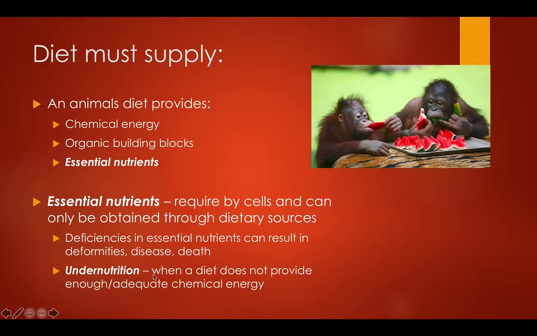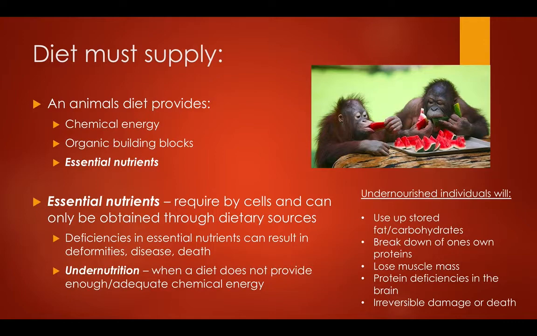Undernutrition is going to be when a diet does not provide enough or adequate amounts of chemical energy. So undernutrition is when you do have some semblance of a diet, but it is not enough and does not have enough of the materials that you need to adequately run your body.